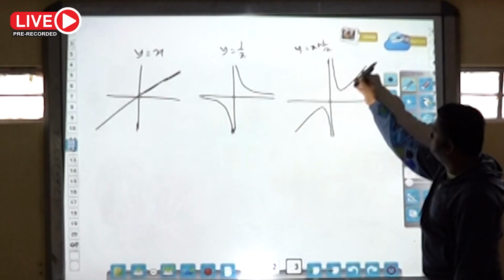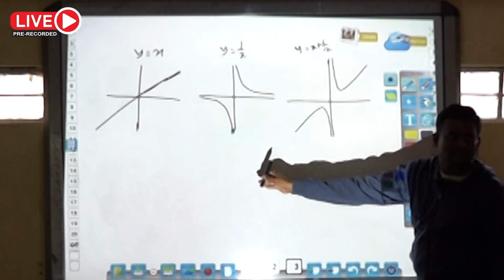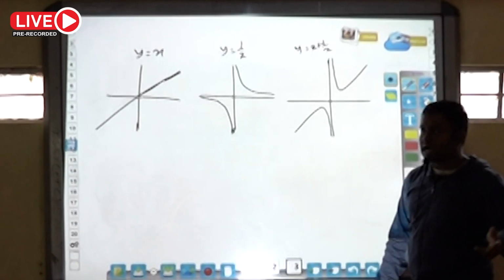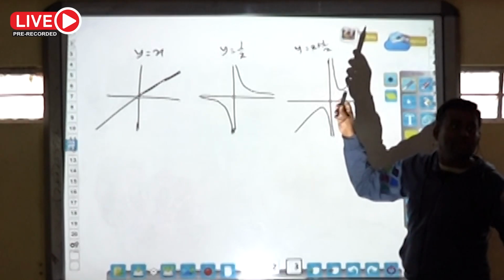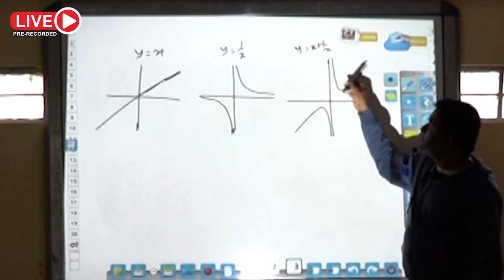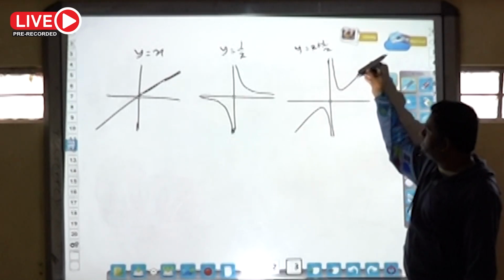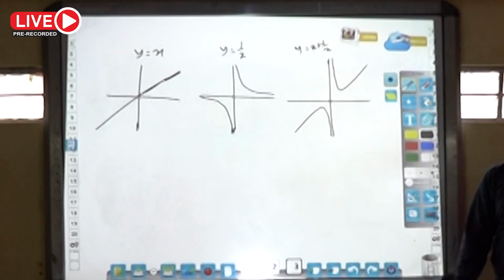See, if x is very large, the 1 by x term will be going towards 0, and the nature of the graph will be dominated by this term. So the graph looks like a straight line. See, the appearance of a straight line is present in the graph.